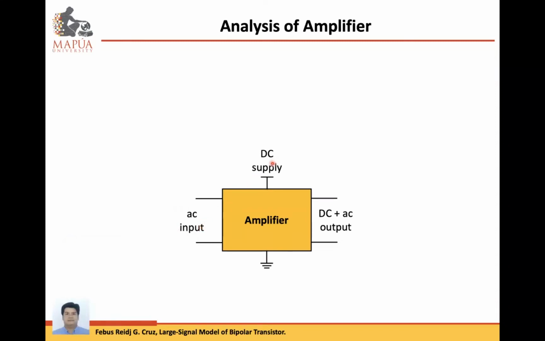So essentially, in every amplifier circuit, we have two types of signals: a DC supply and an AC input. It will pass through the amplifier, and on the output, we will have the combination of DC and AC output.